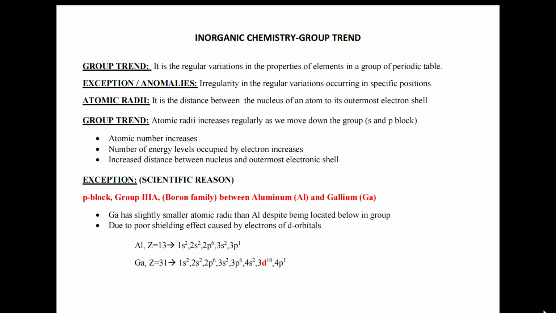So these are also the practice questions that I have added in this video, and I'm also going to write them down in the description box so you can check them from there as well. This is the complete note for the atomic radius.